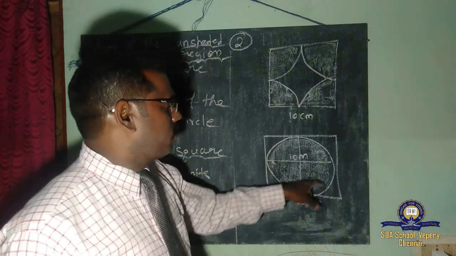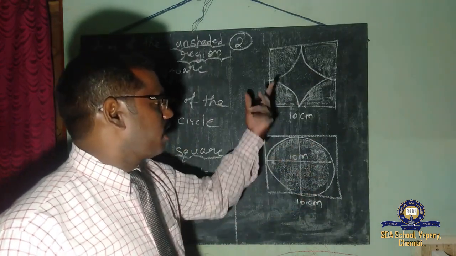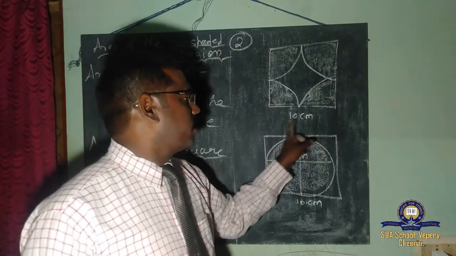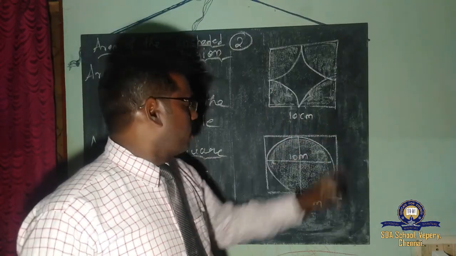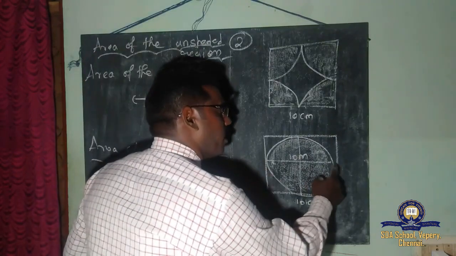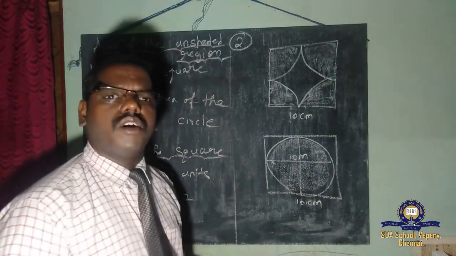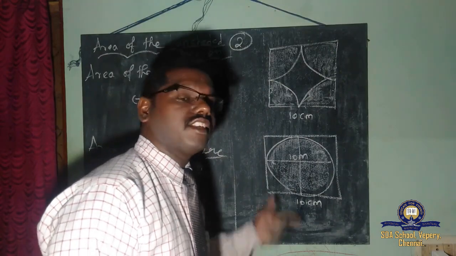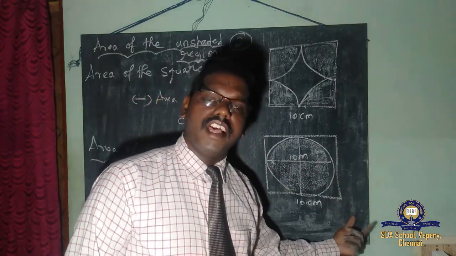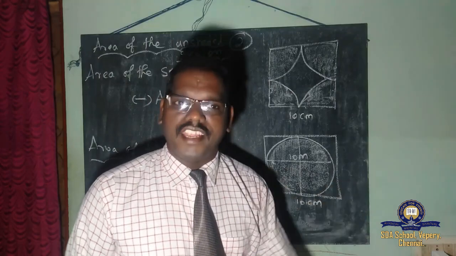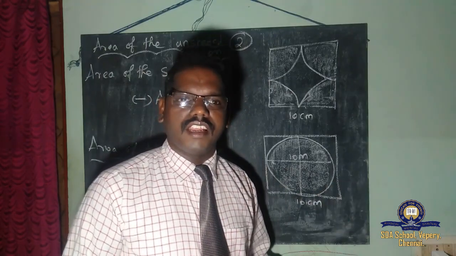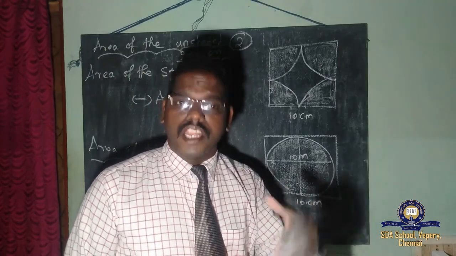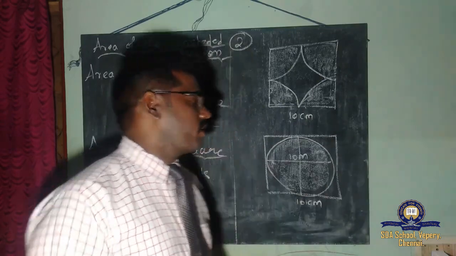Now, the circle will be like this. They gave the side as 10 centimeter. So the diameter of the circle also will be 10 centimeter only, isn't it? If the diameter of the circle is 10 centimeter, then what would be the radius? Half of that. It must be 5 centimeter, isn't it?